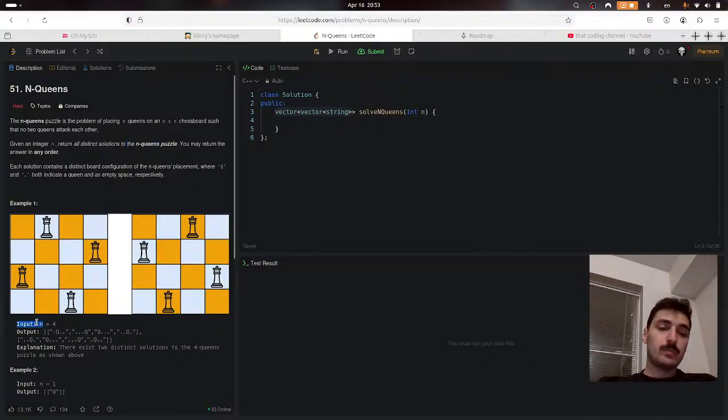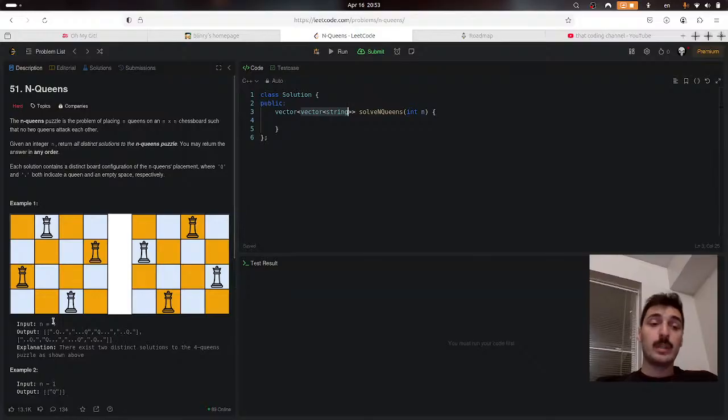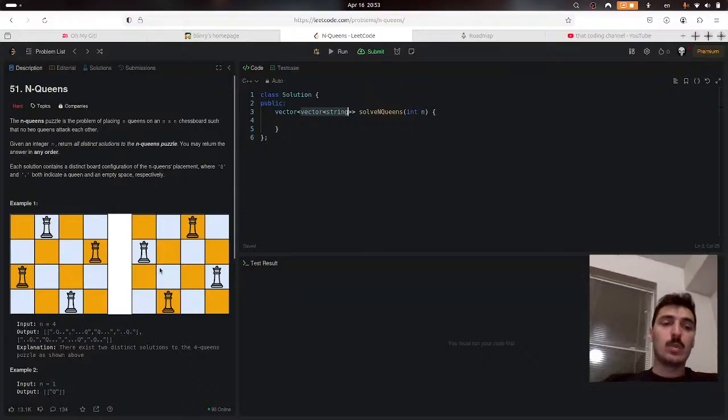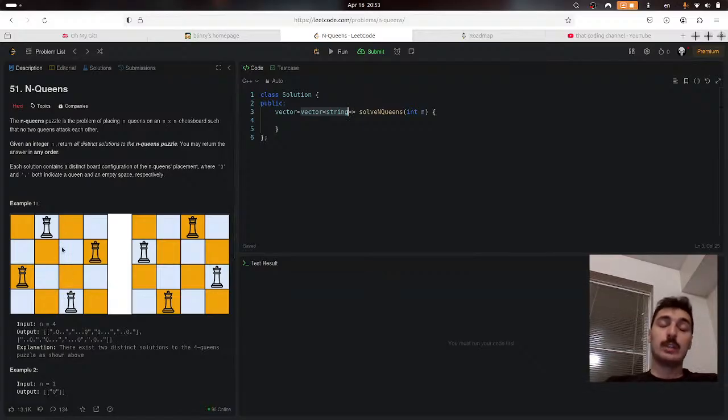For input n equals 4, we have to come back with all the solutions. There can be different solutions. Obviously, in this case n equals 4, the chessboard is just vertically mirrored. I don't know if this is the right term, but yeah.